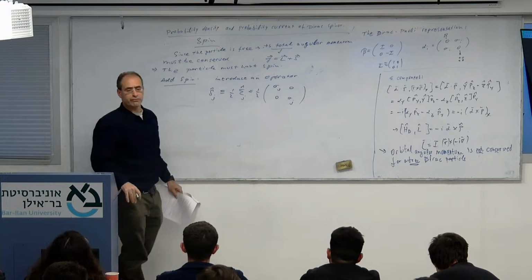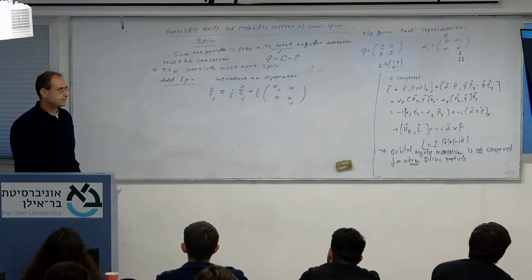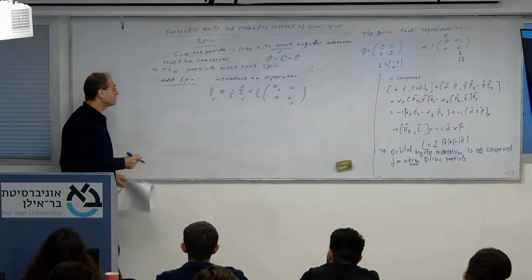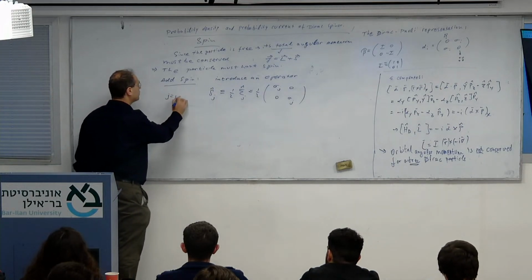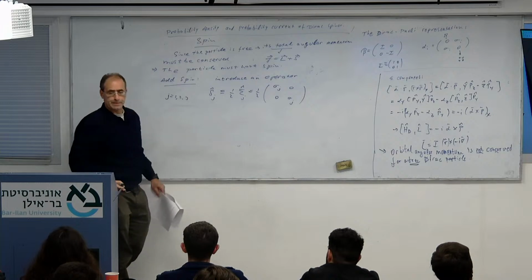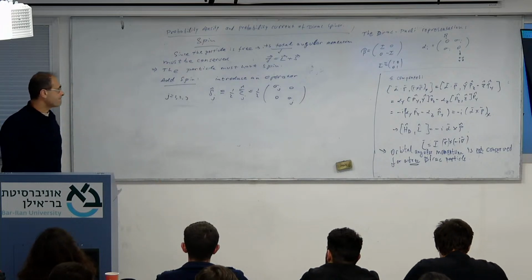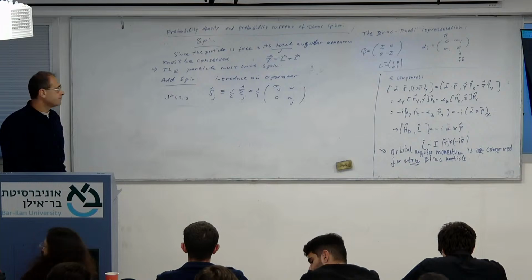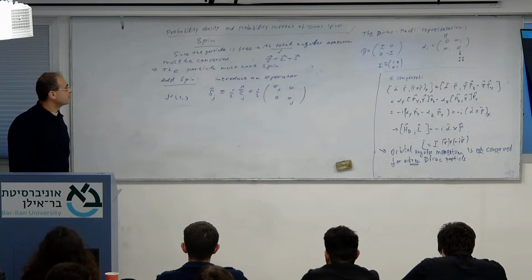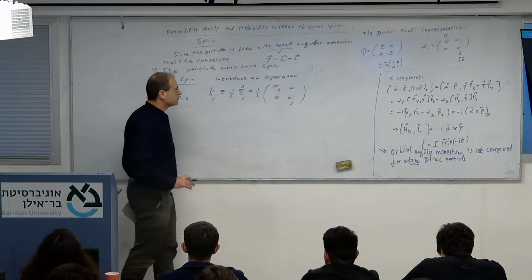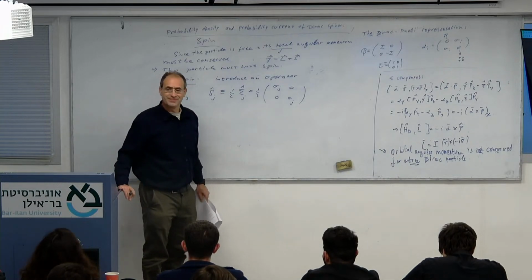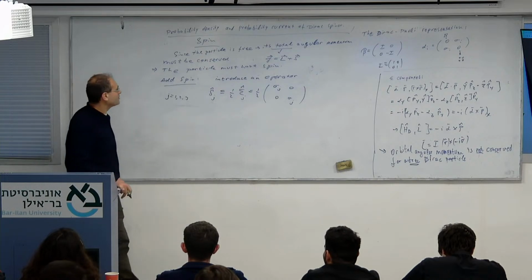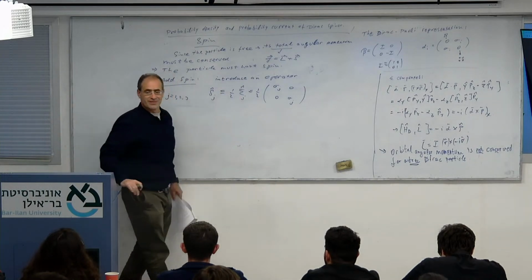Again, this is a 4x4 matrix. So j is equal to 1, 2, and 3. That's not a summation, it's sigma. It's another operator. I put the hat on it, so it's an operator.